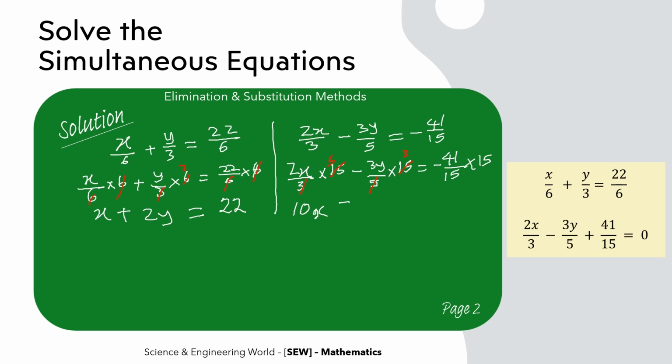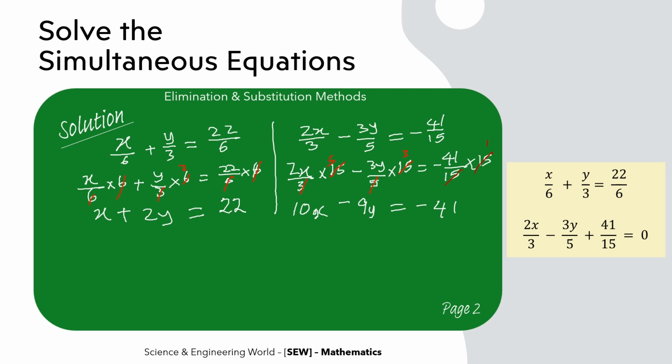So we now have 9y. 3 times 3, 9y will be equal to 15 will go in 15 one time. That's 1. And so we now have here equals to minus 41.